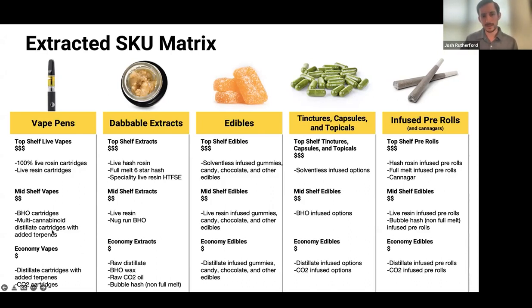Your distillate carts can be made with, let's just say, a CO2 terpene or a botanical derived terpene, which you're going to see more in your economy type of vapes down here. Your CO2 carts, basically, when you're doing CO2 extraction, I think there's a place for it, but really you're limited to vape pens and edibles.